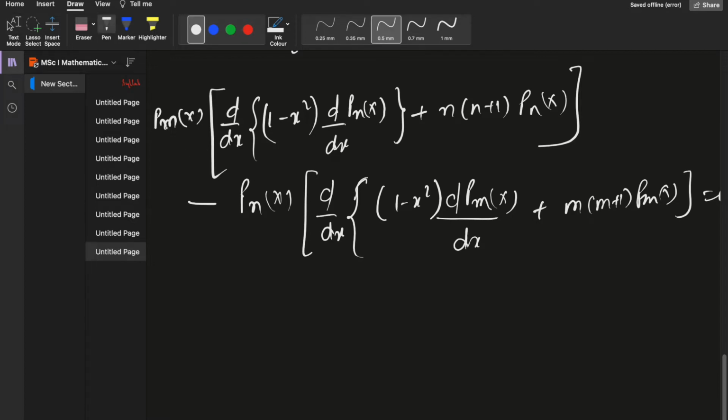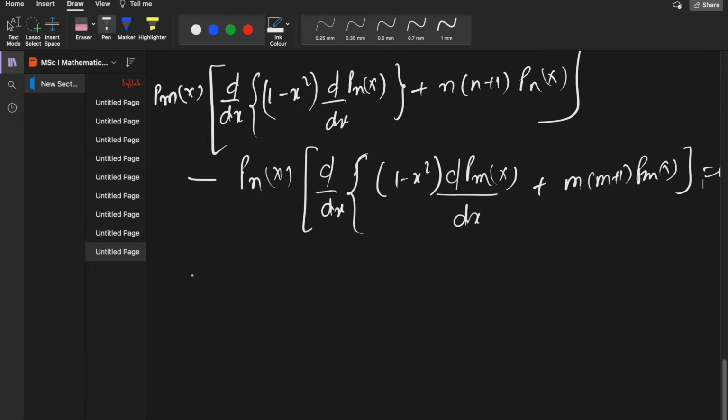Now just multiply Pm(x) inside and separate the differential equation terms. So the first term will give me Pm. We know that Pm is a function of x, so for simplification I'm not writing x individually here.